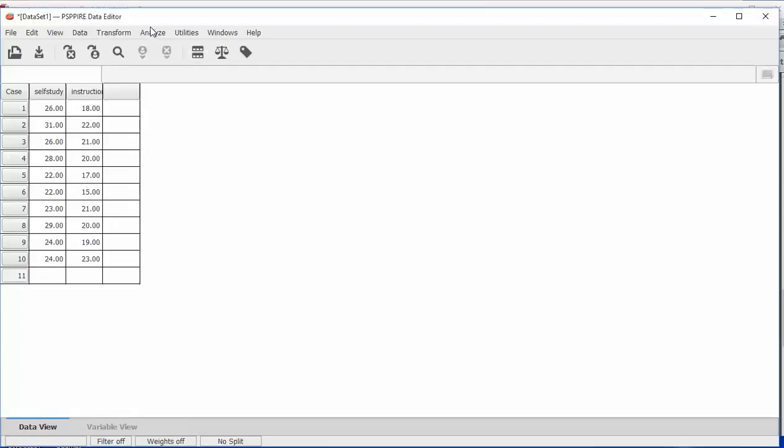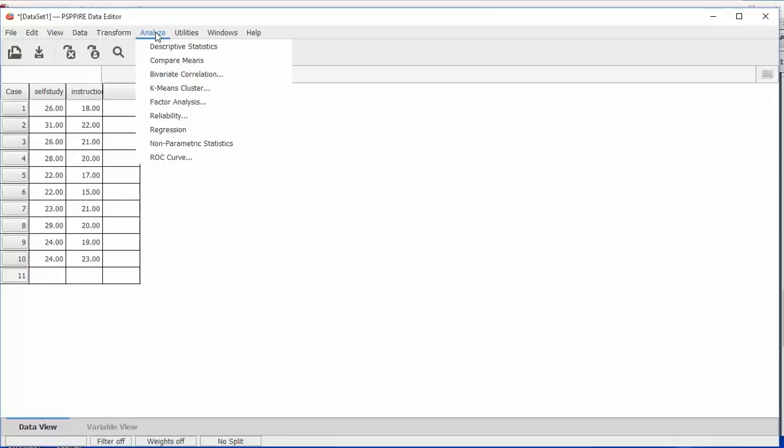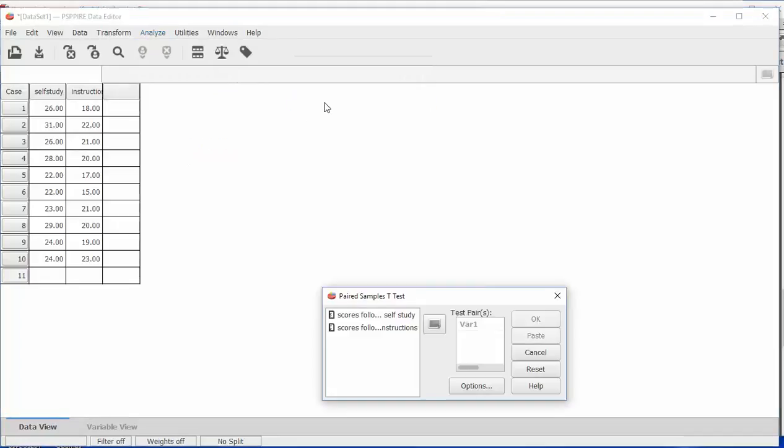To analyze them, I go analyze, compare means. Again, we are comparing the means in the different conditions, self-study and following instructions. The test that I'm looking for is the paired samples t-test. It's the same as the t-test for dependent groups or samples. So I come here and I select paired samples t-test.